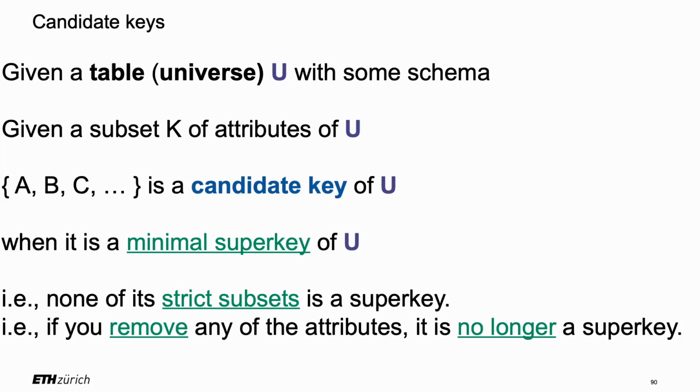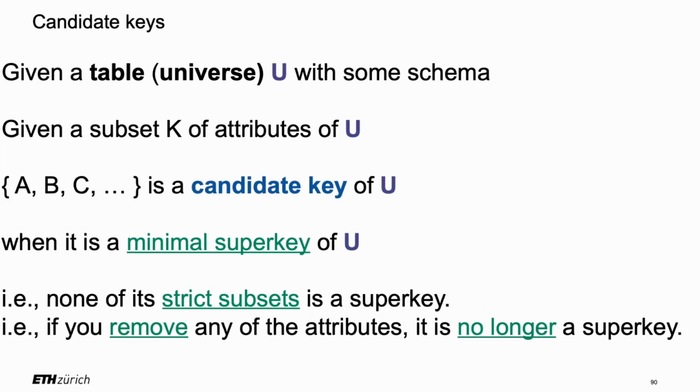But now if I write it formally, then I have some table universe, preferably a universe. And I consider a set of attributes, K. I think I intended to replace K with ABC, but I forgot to do it. It should be the same thing. So given a subset ABC of attributes of U, ABC is a candidate key if it's a minimal super key. What do I mean with minimal super key? What I mean is you cannot remove any attributes.